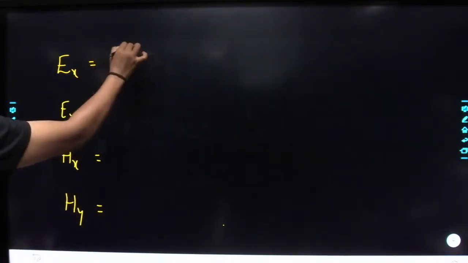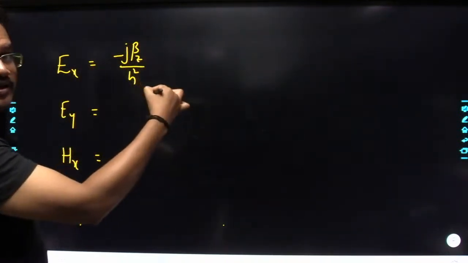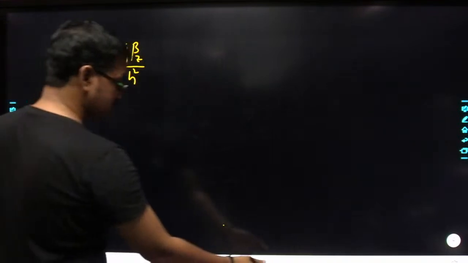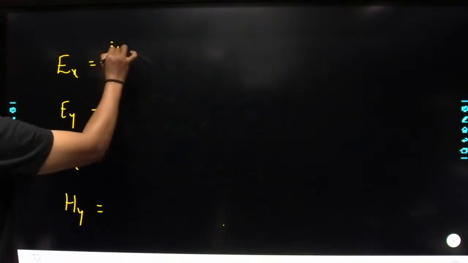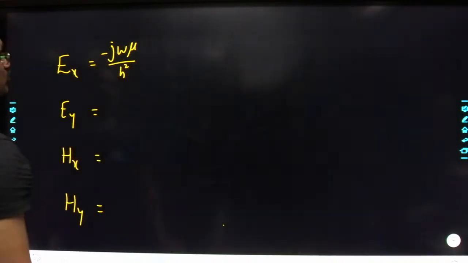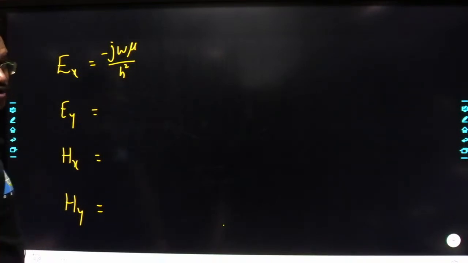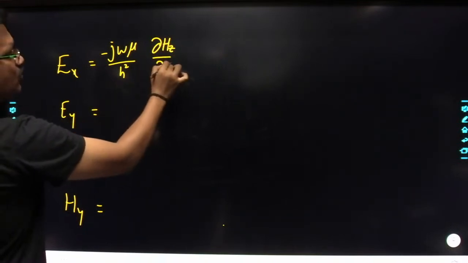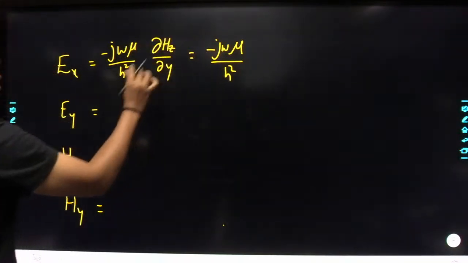So you are going to have only the second term, that is minus j beta z by h square into dou Hz by dou... you must have only one term here. Ex equals minus j omega mu by h square into dou Hz by dou y. So what is dou Hz by dou y here?